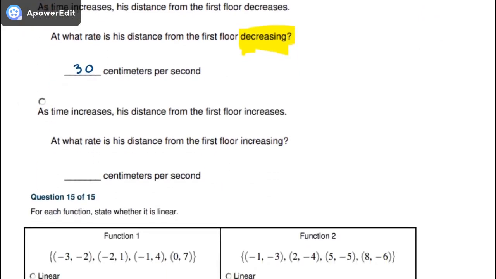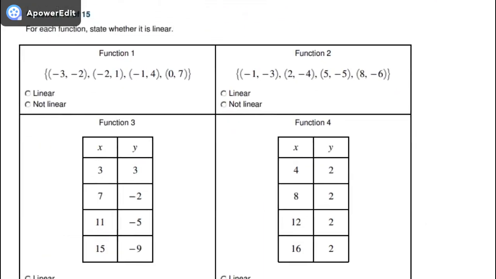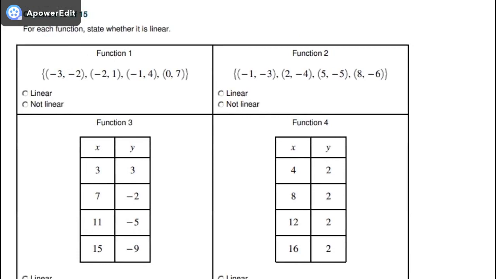Okay, so that's it. Now we go to the last question, number 15. For each function, state whether it is linear. A linear function is when the set of points is decreasing or increasing consistently throughout all points. First, function 1: we look at x values negative 3, negative 2, negative 1, 0. What is the pattern here? It looks like we add 1 for every step.